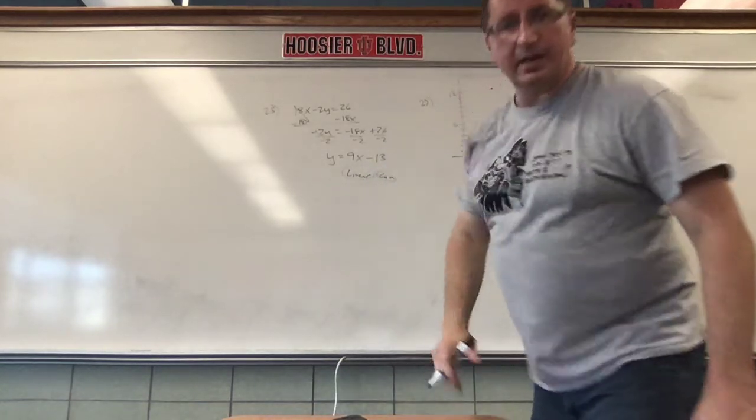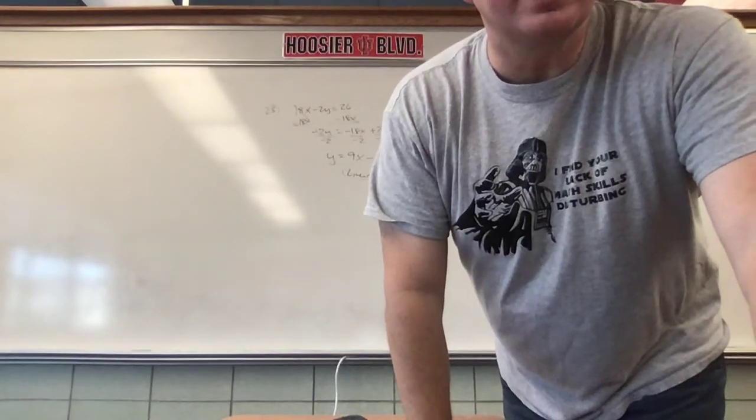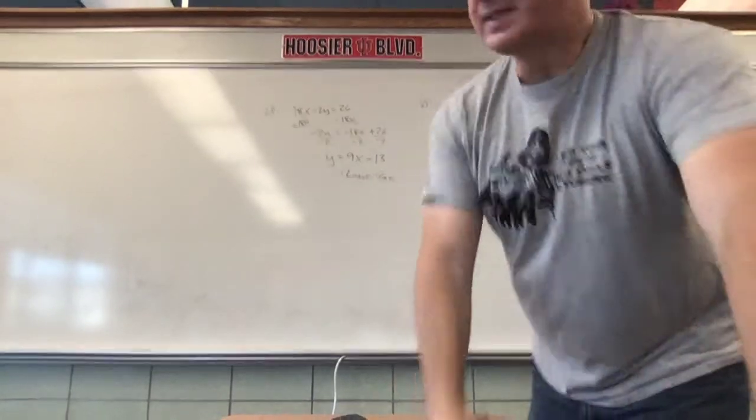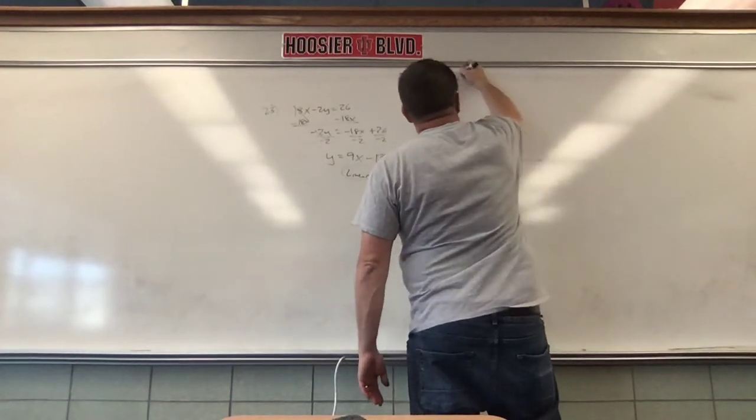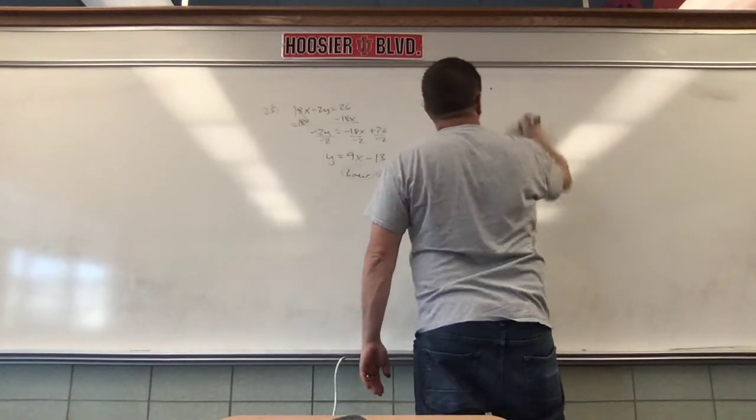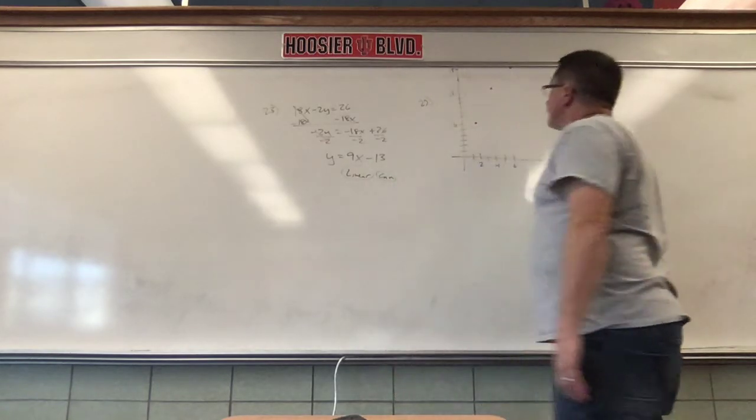And then we have one at 6, 18. I'm going to fudge this a little bit. I'm just going to put 18 up here. It's supposed to be linear, but I ran off the board.